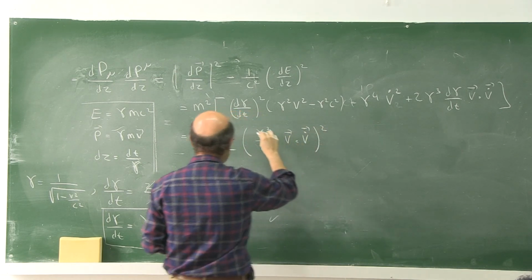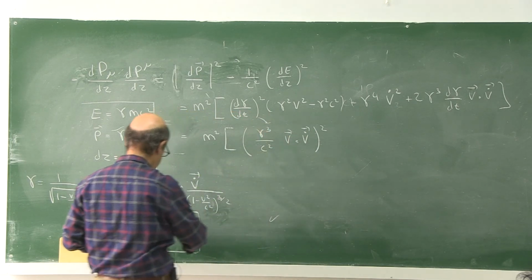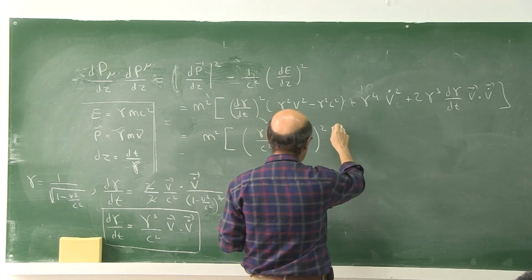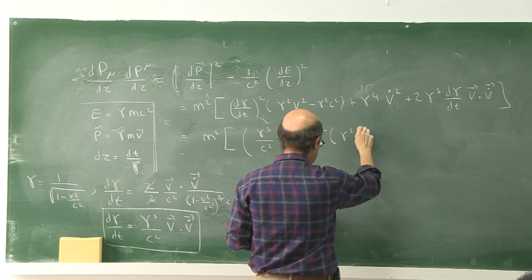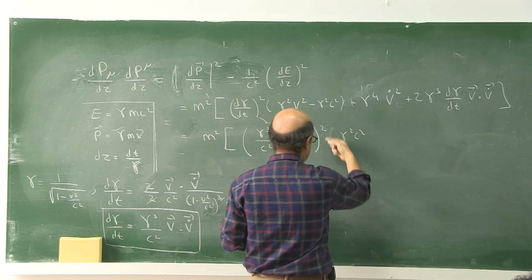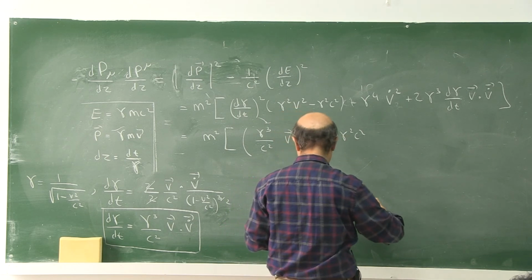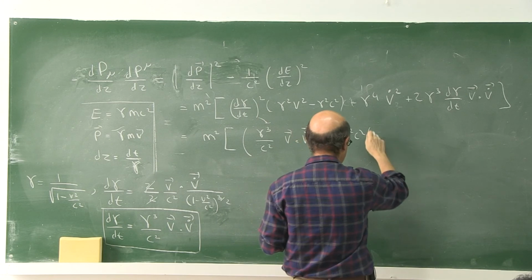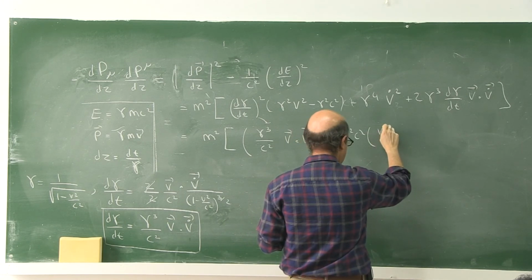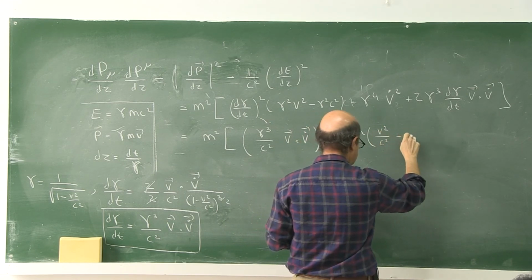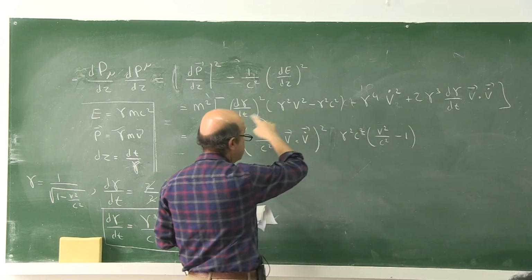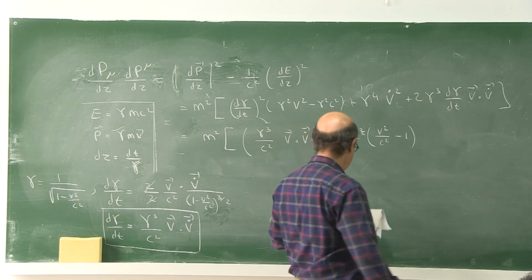This is the square of that, the square of this term, in the parentheses of gamma square c square. So you have gamma square, that will be v square over c square minus 1. So gamma square c square parenthesis is there.